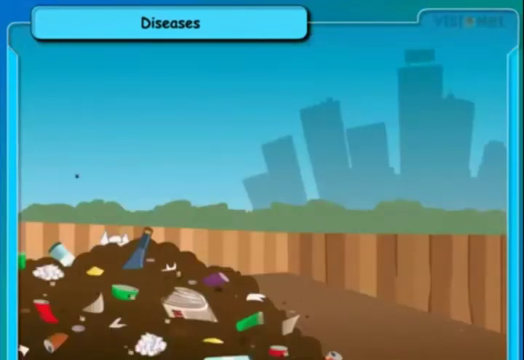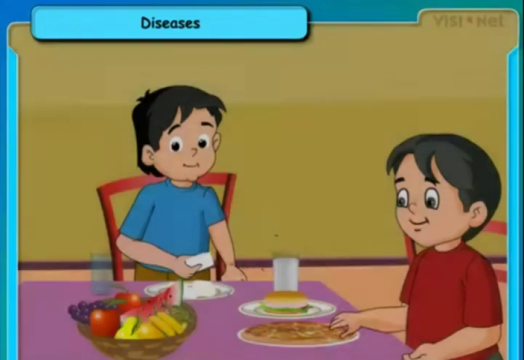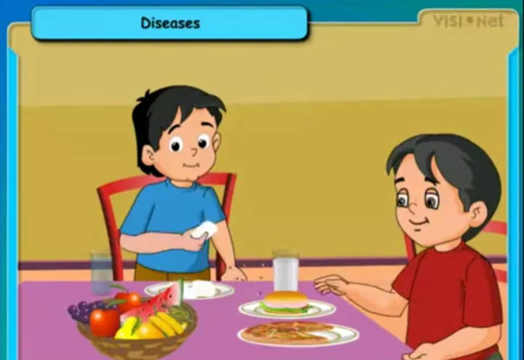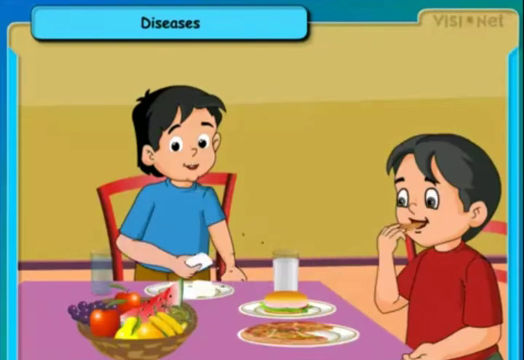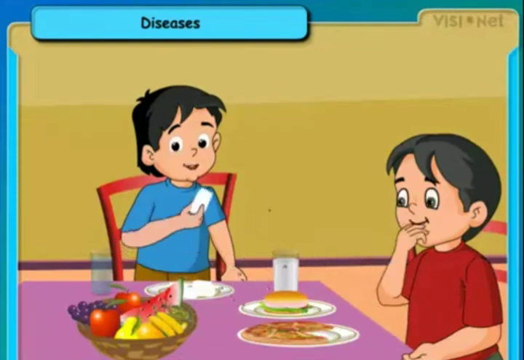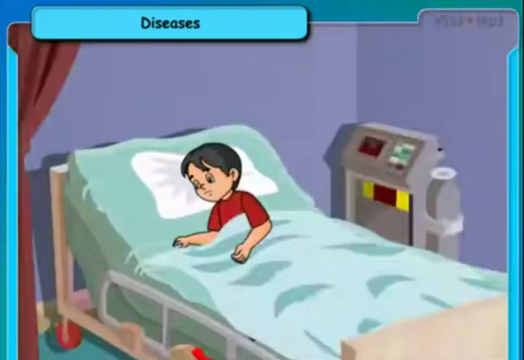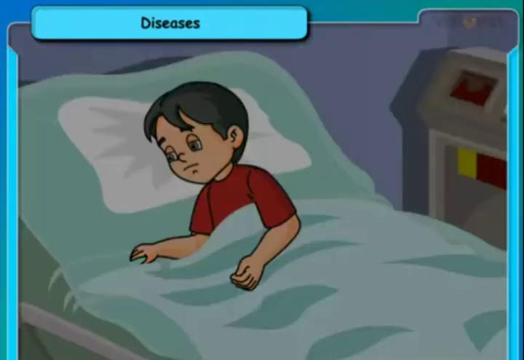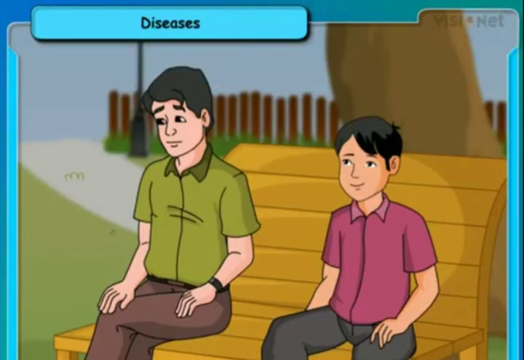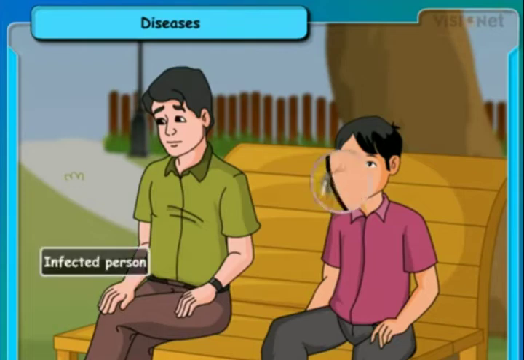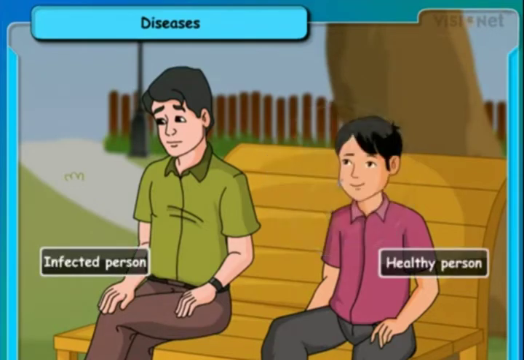Sure, the common housefly. It sits on garbage and dirty places and then sits on the food. This food is not hygienic and healthy to eat. If we eat this food, we get sick. The mosquito also does the same. It transfers the disease-causing agent of malaria, dengue, and elephantiasis from an infected person to a healthy person.